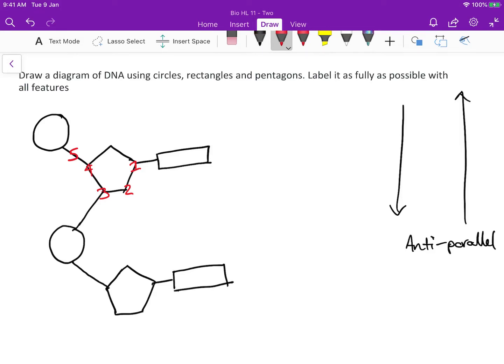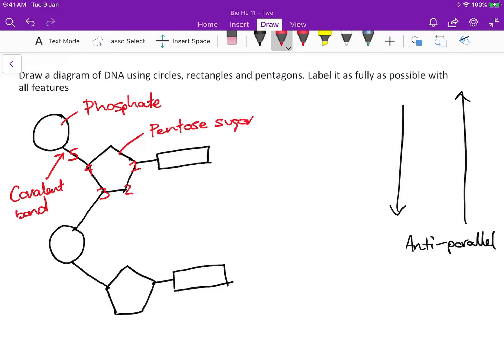Okay, so we can label all of these things. This is our phosphate. This is a covalent bond to our pentose sugar, which was deoxyribose.